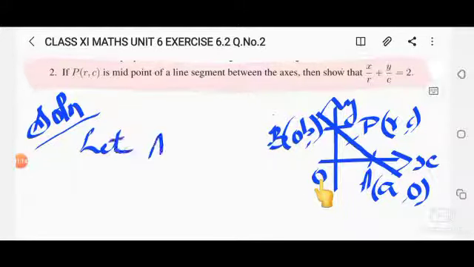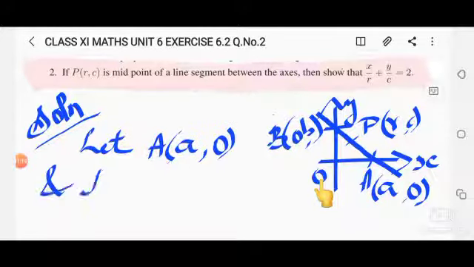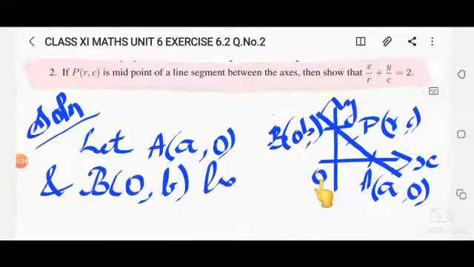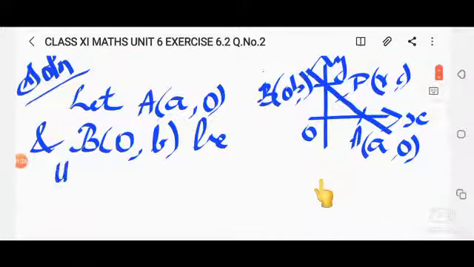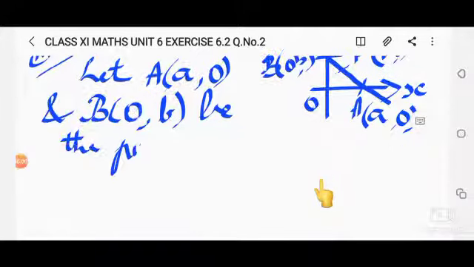Let A and B be the points on the coordinate axis.